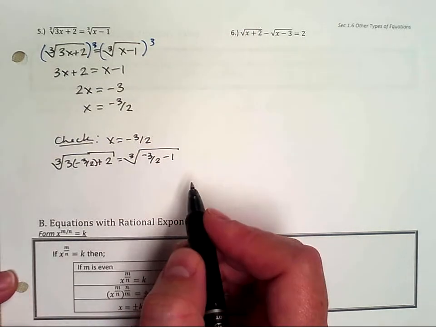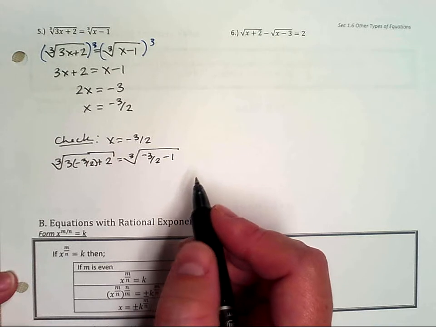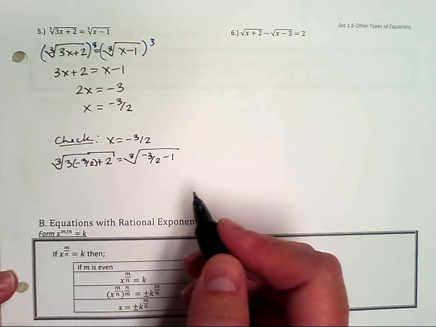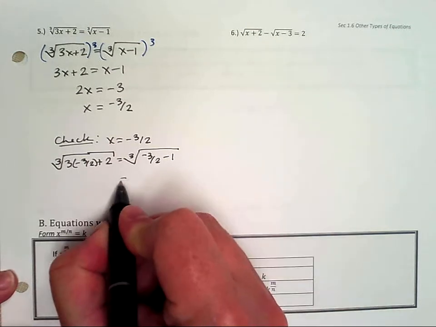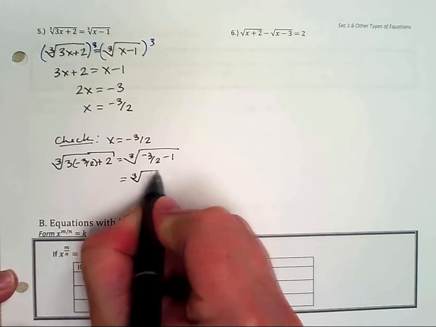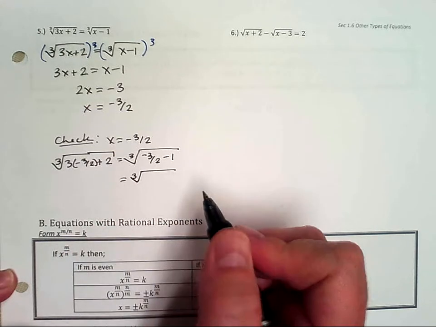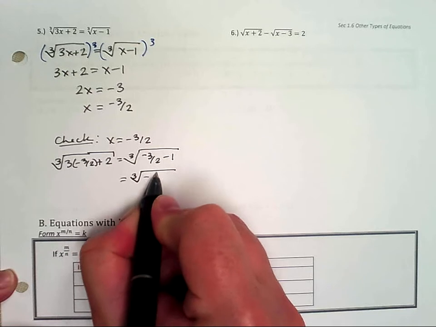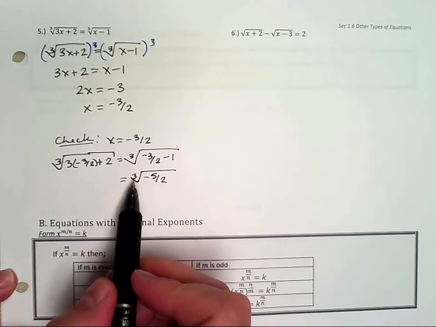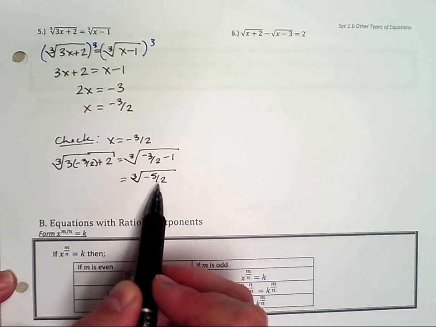They equal each other. I got like a decimal. It's probably some ugly root. Yeah, it was like negative 1 point something. Okay, so let's add fractions. Negative 3 over 2 minus 1 is what? Negative 5 over 2. Am I allowed to have this negative inside the cube root?